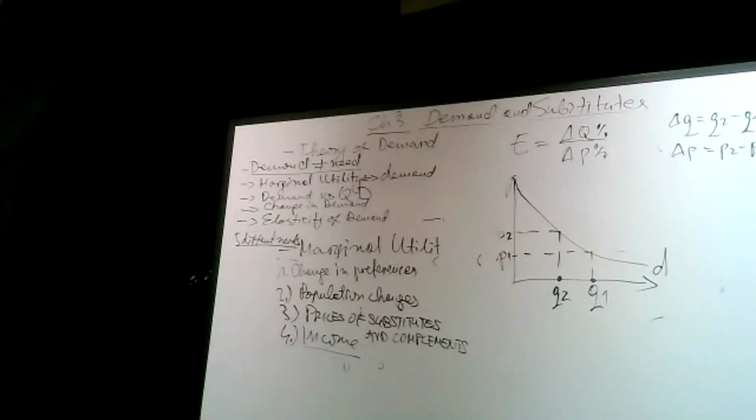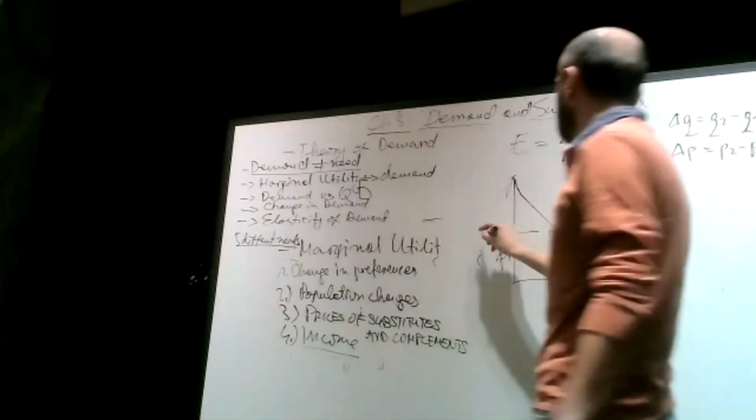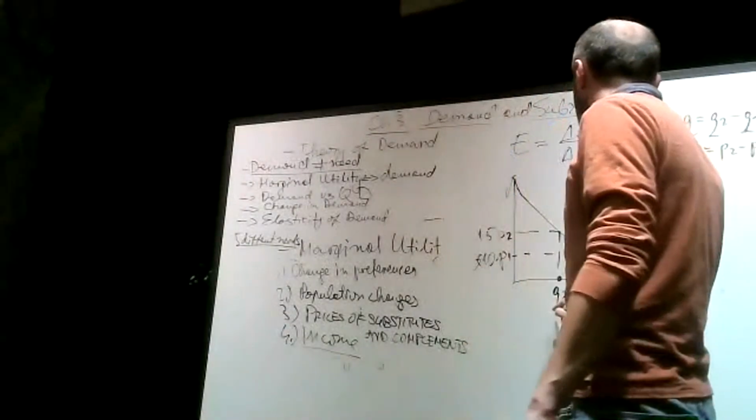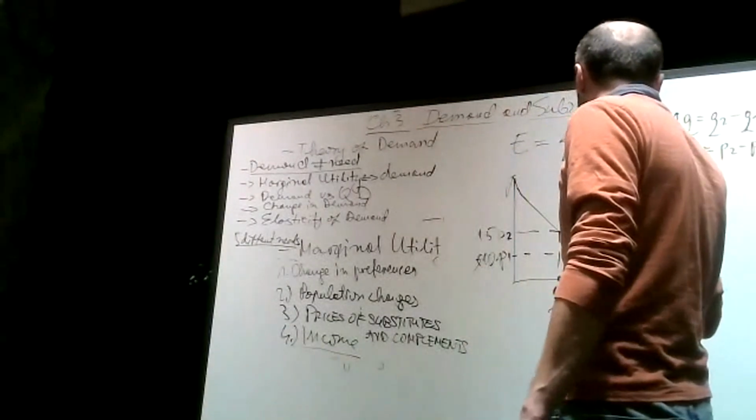But you don't get a coefficient of elasticity by dividing the raw numbers, but by dividing this change as a percentage. So let's say that this was 15, this was $10, and this is 24, this is 32.